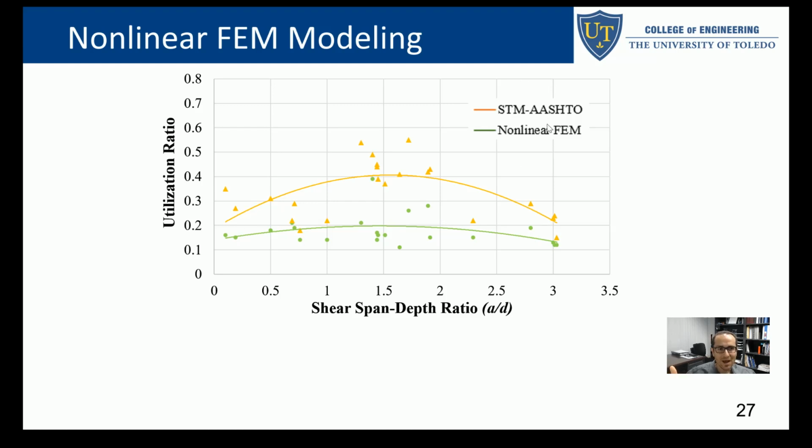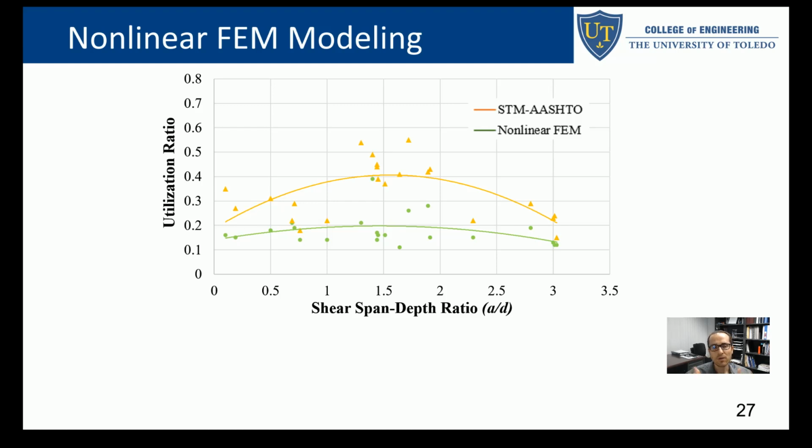In a strut-and-tie, you assume that once a member cracks, concrete disappears. It's gone, which is not realistic, right? You have still concrete, and there are mechanisms called tension softening, tension stiffening. Once a concrete member cracks, it would still transmit tension because you have aggregate interlock, you have reinforcement crossing cracks, this and that.